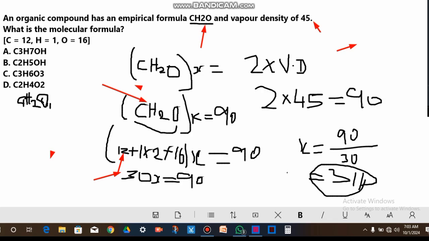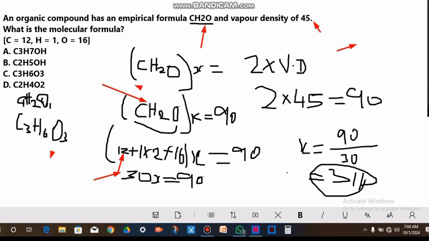Okay, so 3 times 1, the first one, which is carbon, will give us 3. The second one is hydrogen. Hydrogen has 2, so 3 times 2 will give us 6 atoms of hydrogen. The last one, which is the oxygen, is 3 times 1, it gives us 3. So are you getting it now?